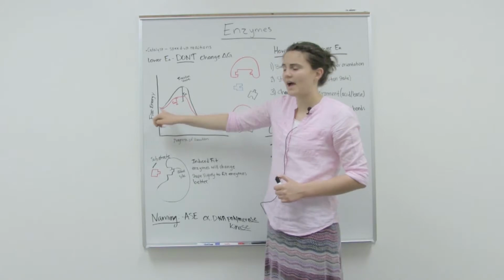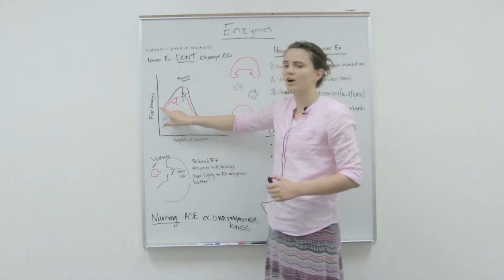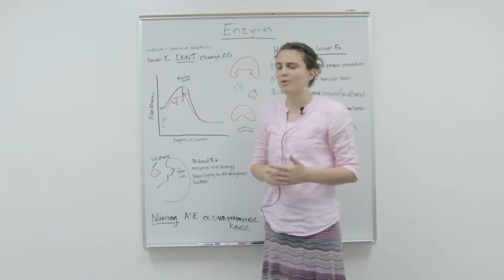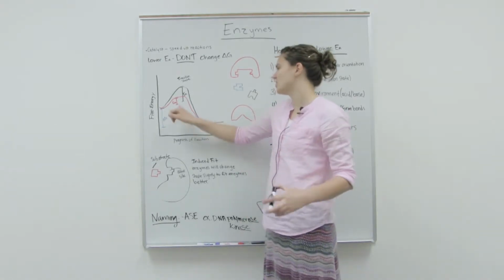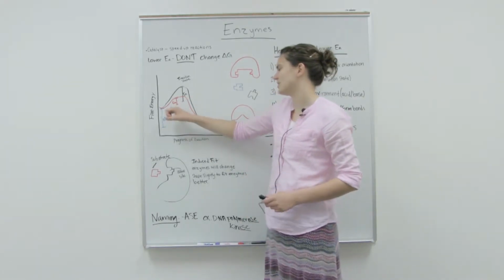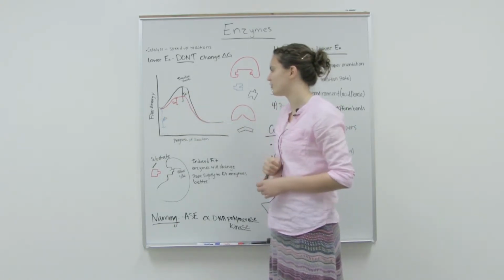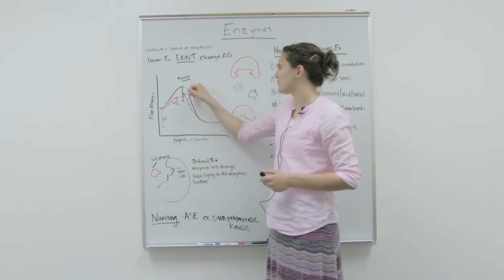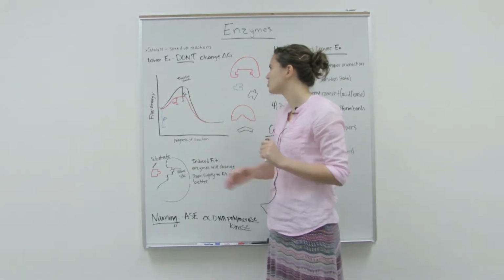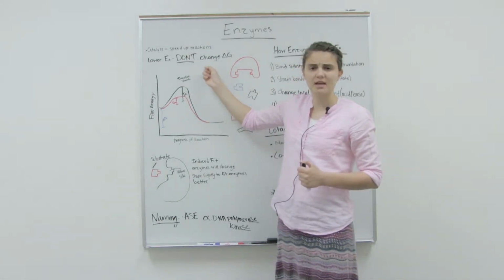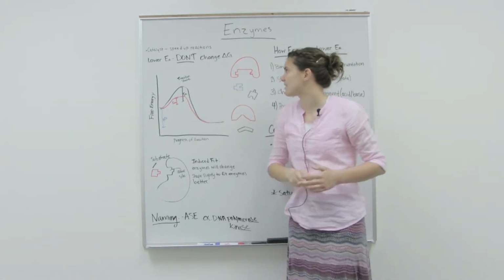If this is our reactants and this is our products, the energy of our reactants versus the energy of our products is the same no matter what, if we have an enzyme or not. What changes is the energy of activation, or the energy needed to get over this hump to proceed with the reaction, or in other words, to get up to the transition state.